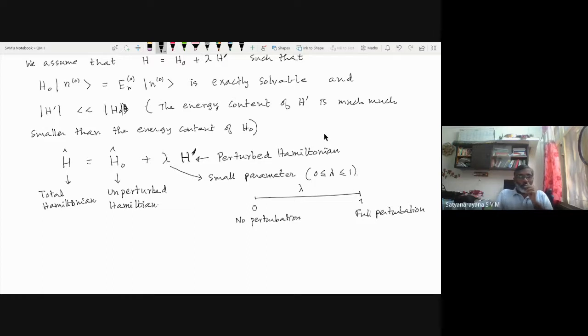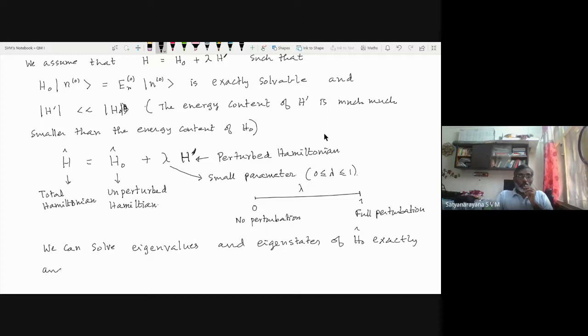We can solve the eigenvalues and eigenstates of H naught exactly.